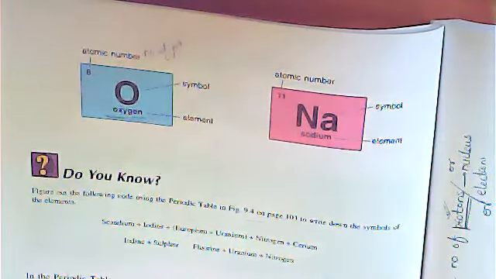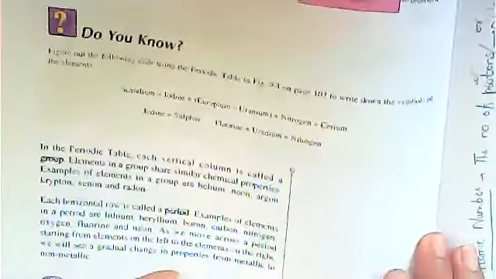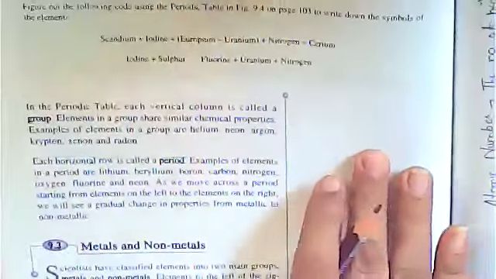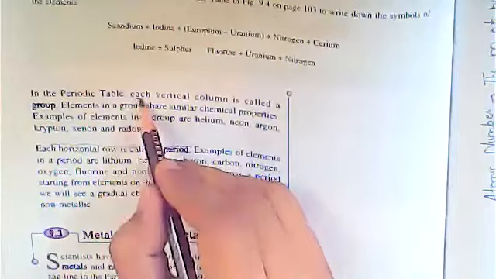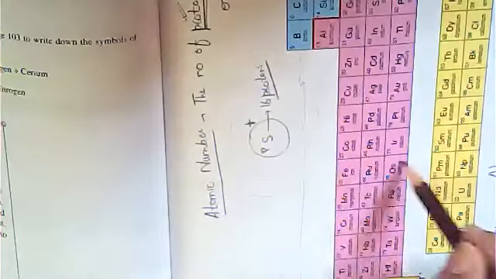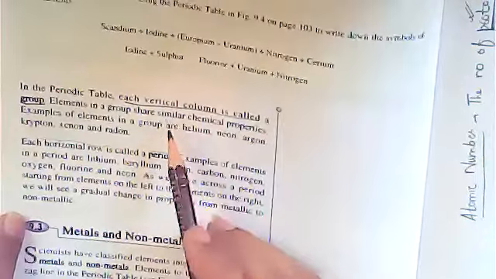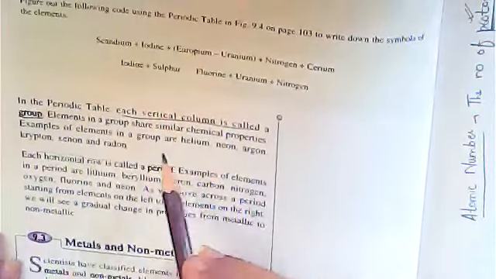Okay, now next is this one, the thing that I have explained. In the periodic table, each vertical column is called a group. Which are the vertical columns? These ones, and vertical columns are called groups. Similarly, what is written here?